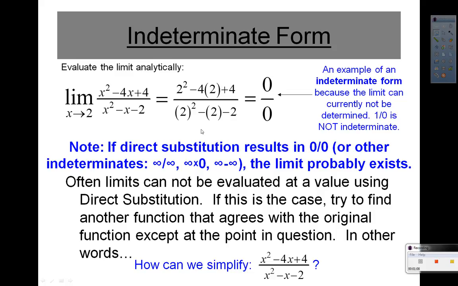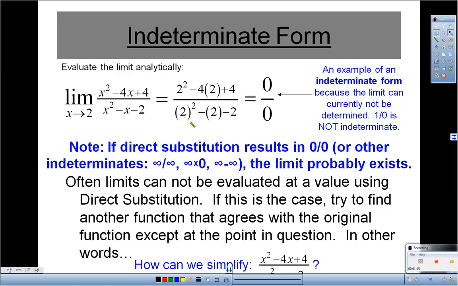So what we typically do is we try to rewrite that function in terms of another function. In other words, we're going to use some algebra or trigonometric tricks to help us rewrite the function.